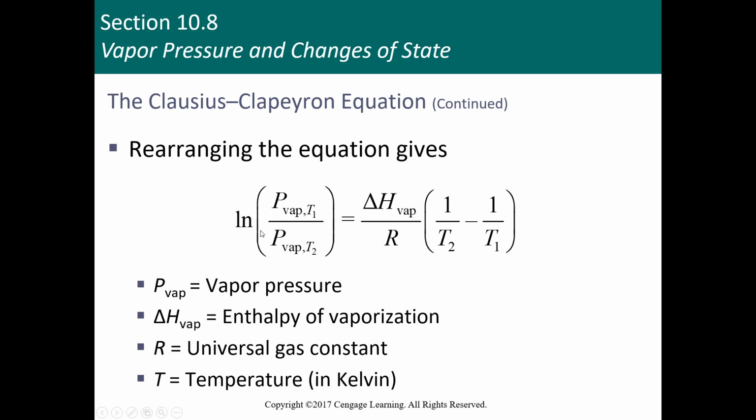And by the way, when you have one log or natural log minus another, that means you can combine them so that the positive one is divided by the negative one. And that's what we did here. We have taken the delta H vaporization and the over R out because they stay the same. And that leaves us with this, which is 1 over T2 minus 1 over T1.